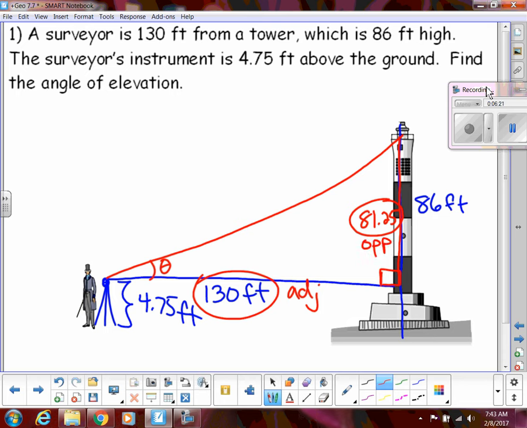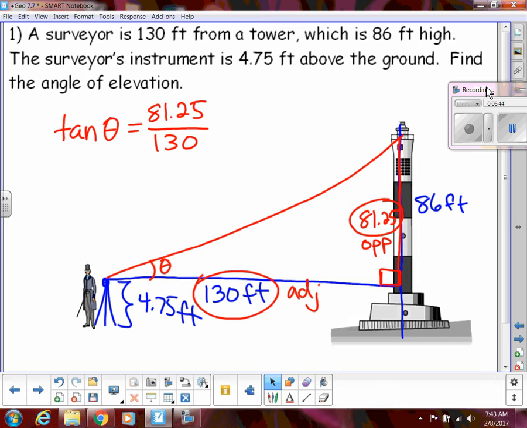So I still know that I'm doing opposite and adjacent, which is tangent. It's just I don't have the degree measure this time. I just have theta. And then I can fill in those side lengths. So that's 81.25 opposite over adjacent over 130. So what I'm going to show you next is how do I solve an equation like this? Because I can't type in tangent of theta into my calculator.